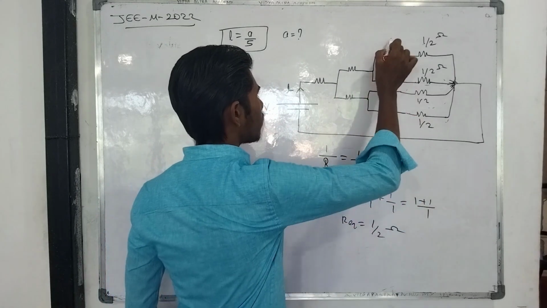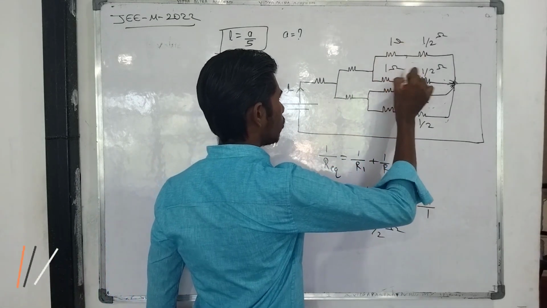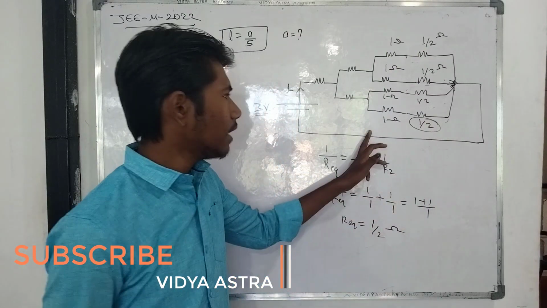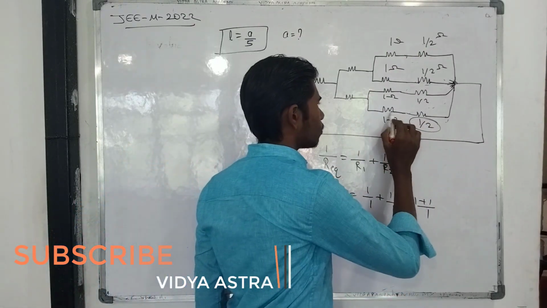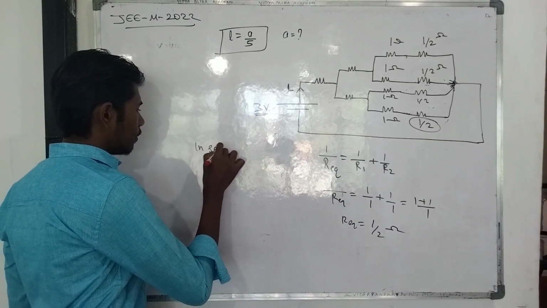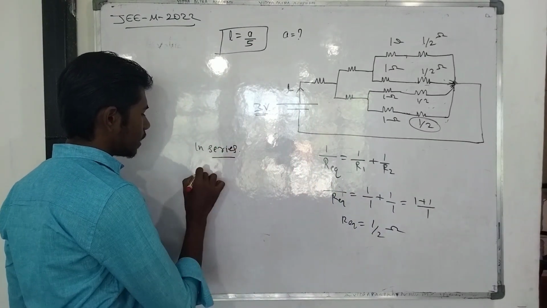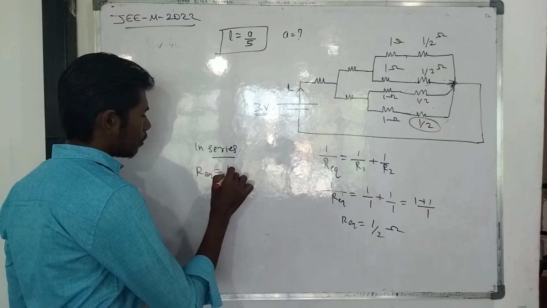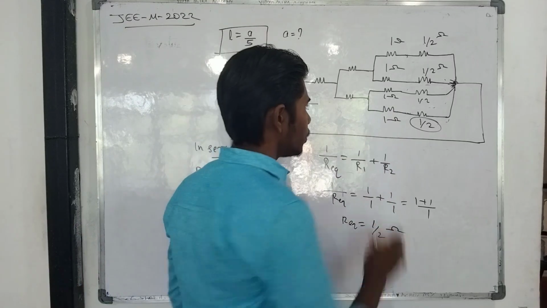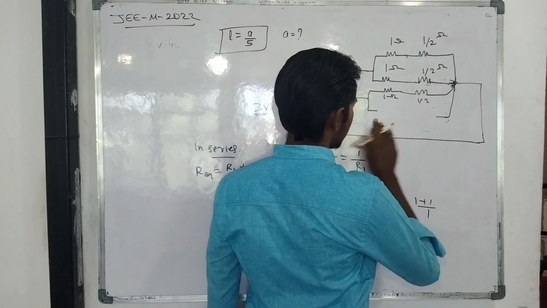Now you should see here 1 ohm, 1 ohm, 1 ohm, 1 ohm and half ohm. Here these two resistors are in series connection, and we know that when two resistors are connected in series, R equivalent equal to R1 plus R2. 1 plus 1 by 2 is 3 by 2, we know that.